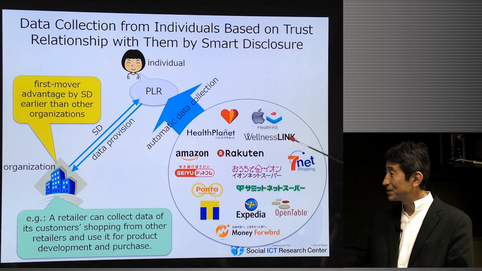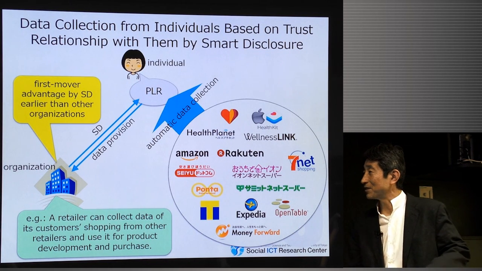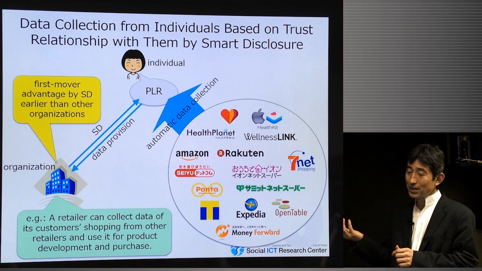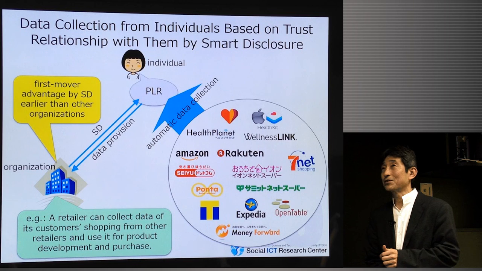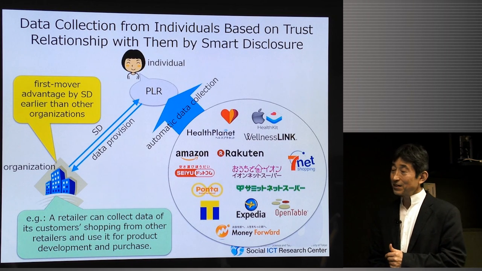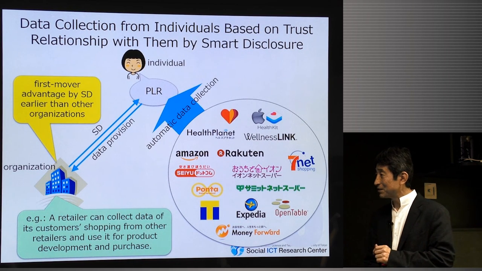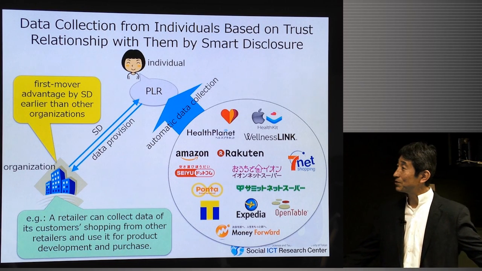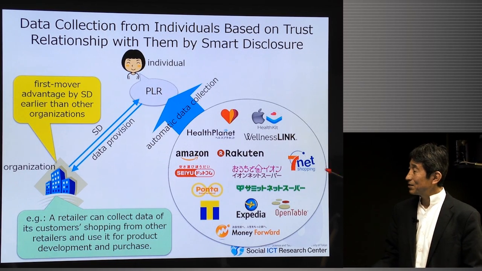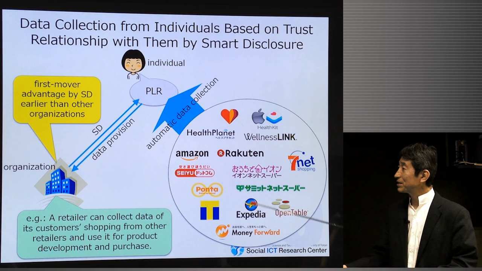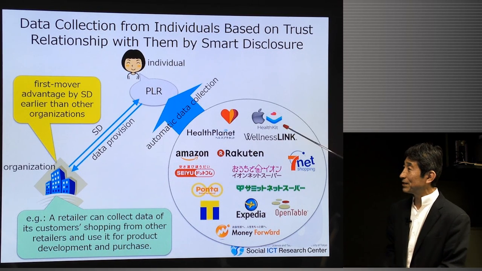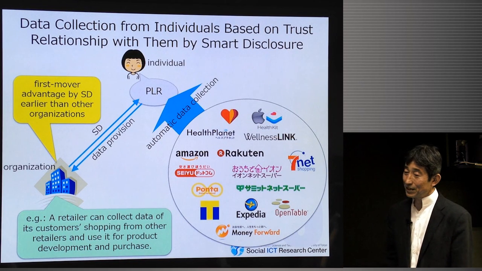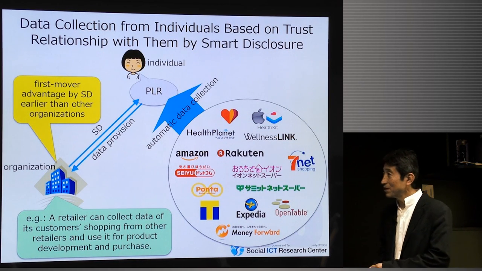There are many of these online or electronic services which store your personal data, your personal transaction data about your behavior and purchase and so on. And by using some simple application, you can automatically collect these pieces of data at hand and manage those data by PLR, right?